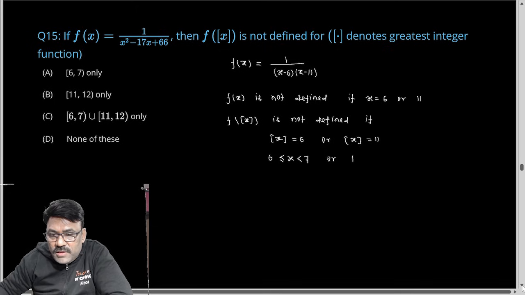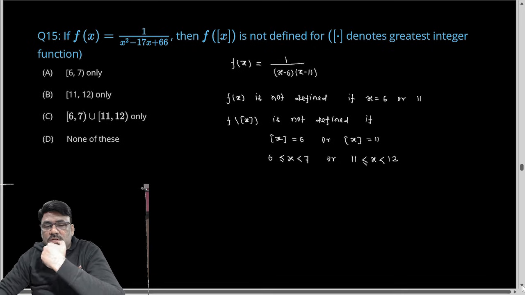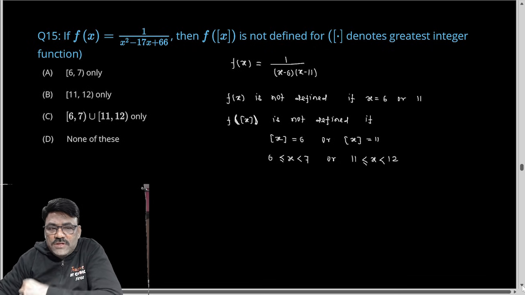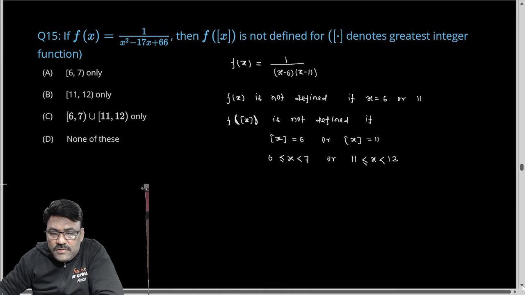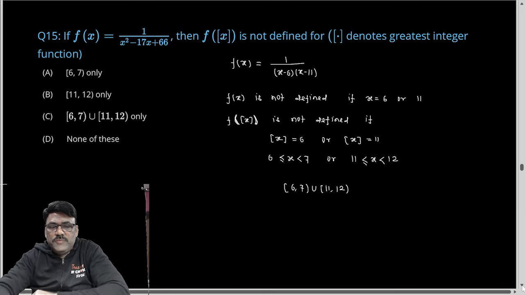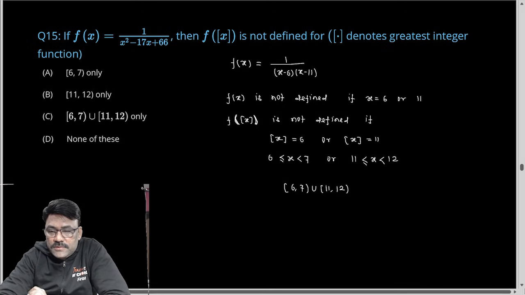Integral part of x is 11 means x lies between 11 and 12. So hence you can say that this function f of integral part of x is not defined in the interval 6 to 7 union 11 to 12. Means option C is the correct option here.